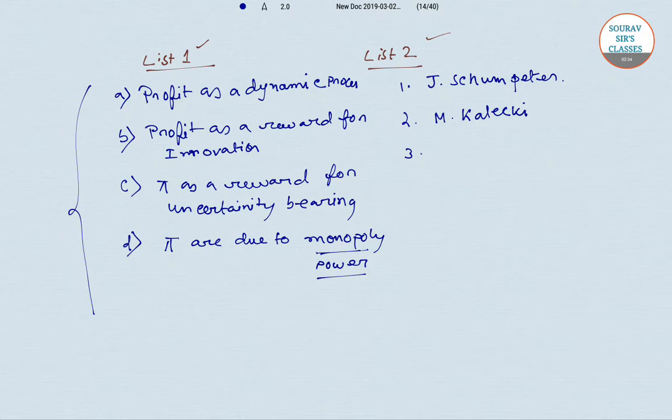The third option is given as F.H. Knight, and the last option is given as J.B. Clark. So we need to find out the right option from these two.